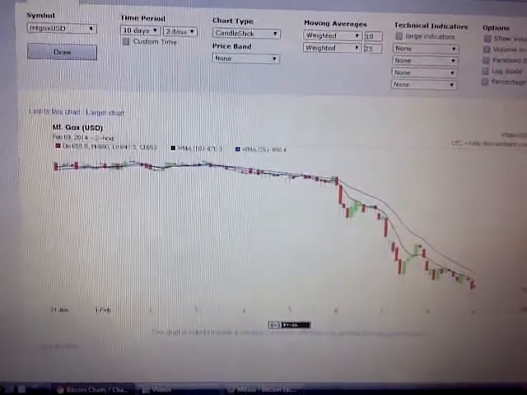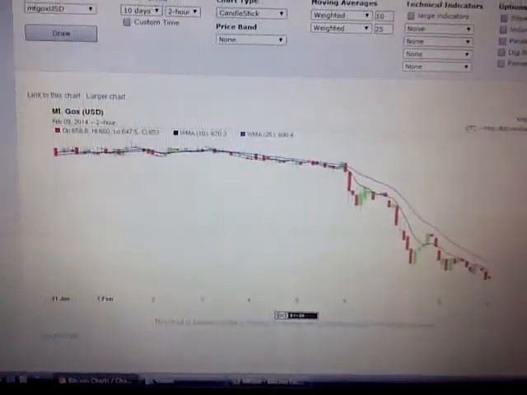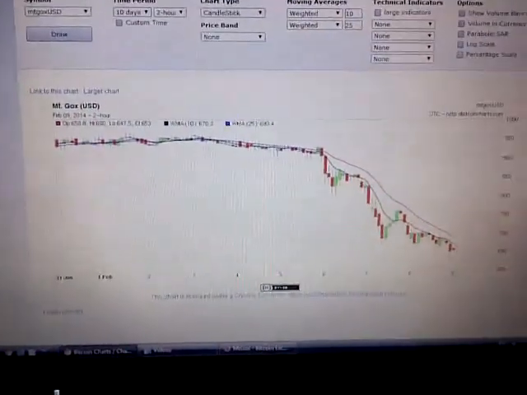This is another chart here, and it looks like we have a pretty good downtrend. Let me see here. Okay, so here we go. Let's take a look.